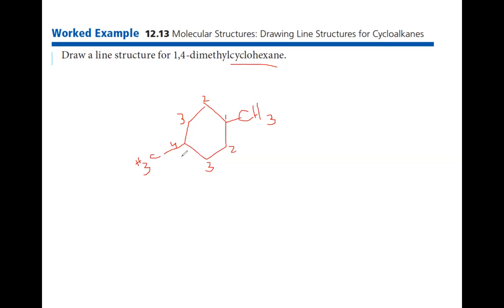You could number this one 1 and make this one 4, because they are on opposite ends. That would be the structure.